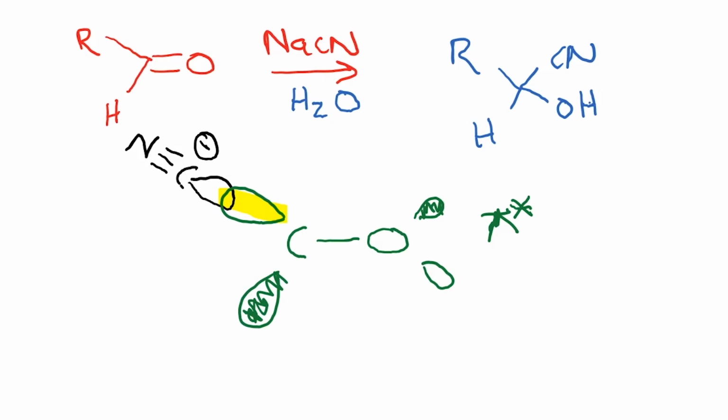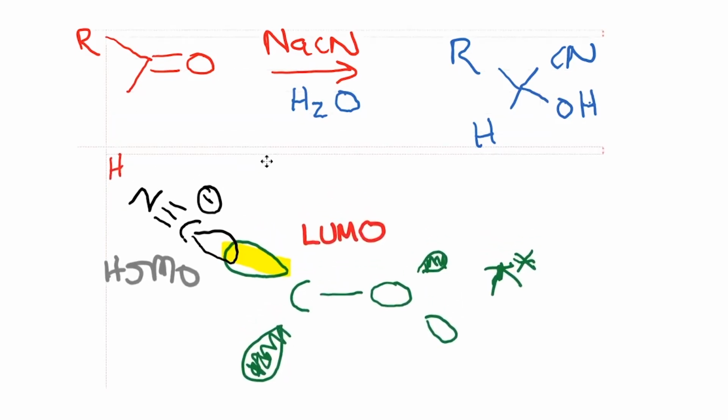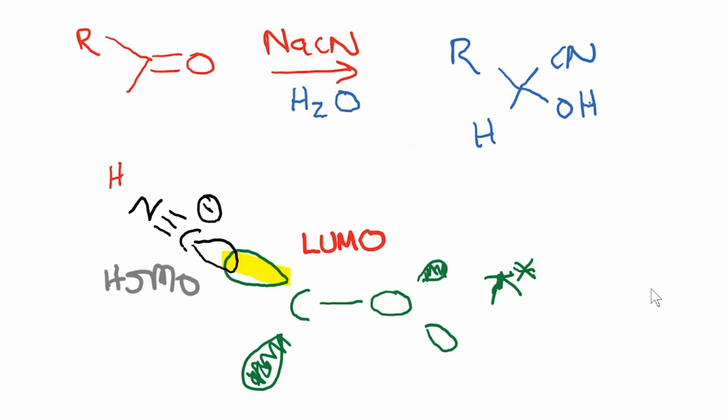As we have looked at earlier, this is the highest occupied molecular orbital of cyanide, which interacts with the LUMO of the carbonyl. This is the picture that starts emerging when we want to understand how carbonyls are going to react. So the HOMO of cyanide reacts with the lowest unoccupied molecular orbital of the carbonyl compound, and that becomes a good starting point for us to understand the stereochemistry of addition and so on.